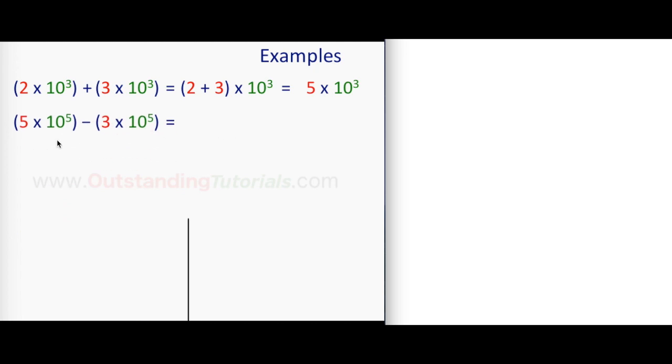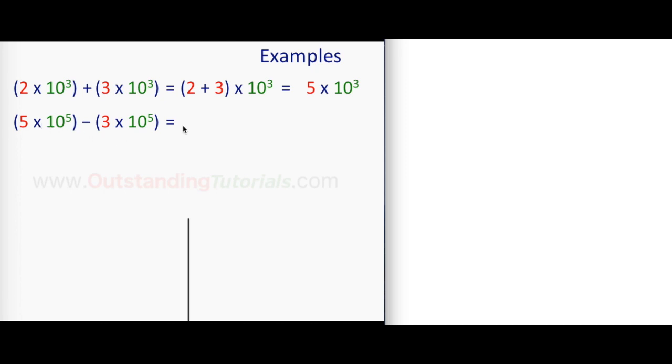Okay, in this case then, this is 10 to the 5. We have to just think of this as 10 to the 5. So you have 5 lots of 10 to the 5 now, minus 3 lots of 10 to the 5, same number here, 10 to the 5, 10 to the 5.